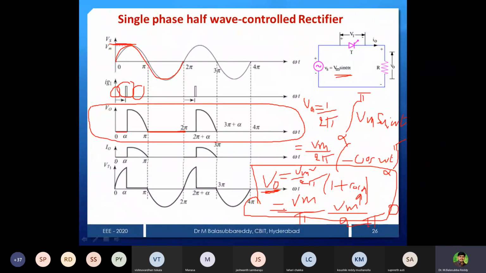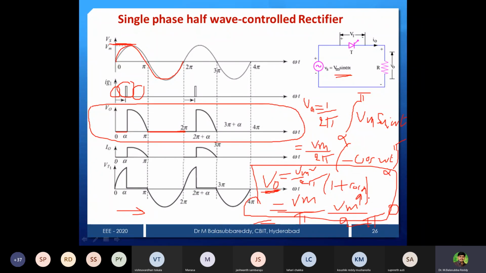So now we can see the variation. If I keep alpha 0, I will get Vm by pi. If I keep alpha equal to 90 degrees, I will get Vm by 2 pi. Similarly, if I use 180, zero. That means, is it variable or constant? It is going to vary with respect to alpha. Also we can observe that as alpha increases, the output voltage decreases. Alpha small or 0, you will get Vm by pi.